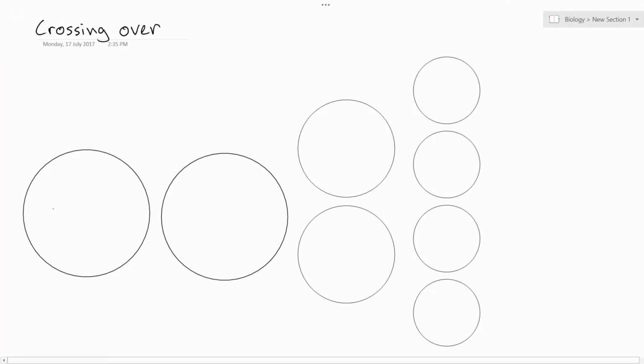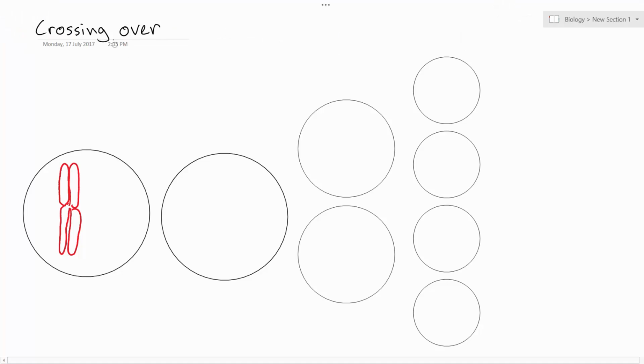So what we can see here is, during prophase, our sister chromatids lie next to one another, like so.